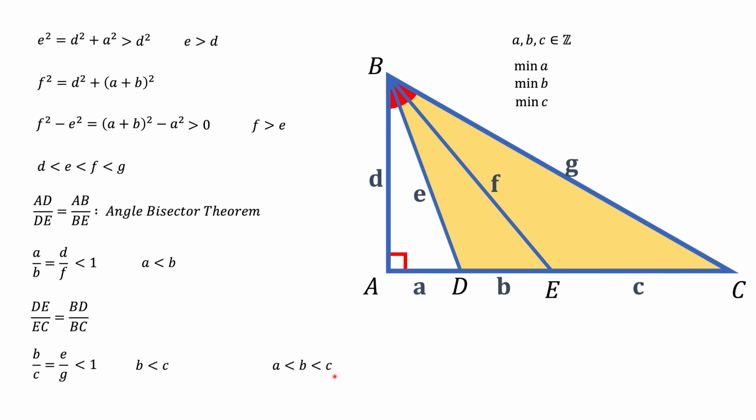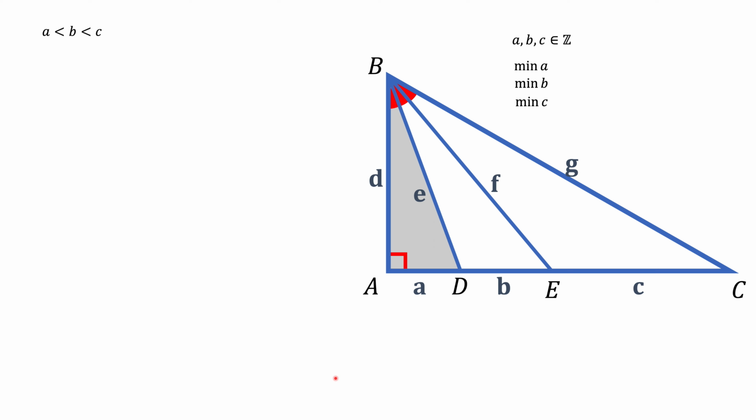And now we have this relationship, so we are ready to tackle our main problem. First of all, we want to do additional constructions here. We're going to take this gray triangle ABD and reflect it over the side AB. We get triangle ABF. And obviously angle B here and angle B here are congruent.